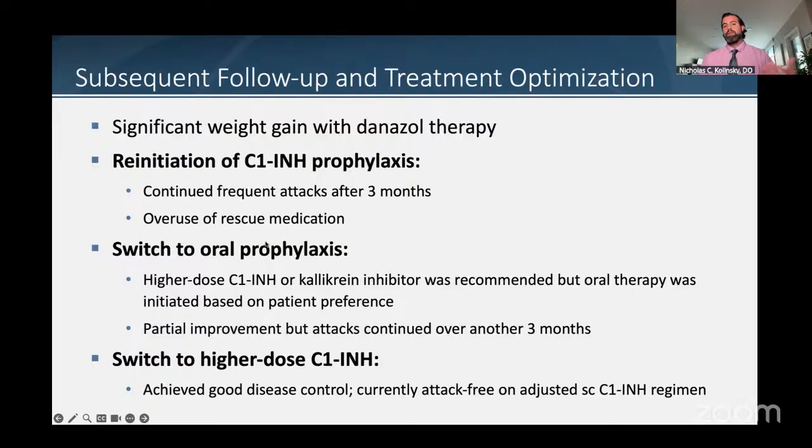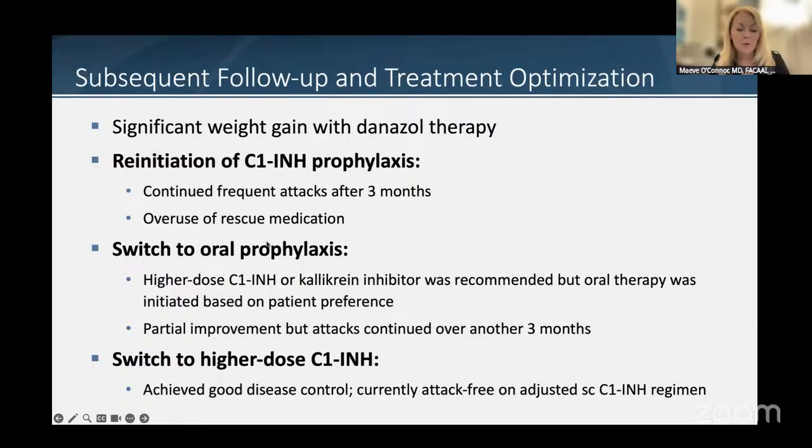But the patient was also aware of an oral prophylactic medication as well, and that's what she had chosen at that time. She did get better on the oral prophylactic medication, but again, those attacks continued to occur over the next 3 months. And ultimately, she ended up going back on the very first medication that controlled her, which was that higher dose C1 inhibitor. So a complicated path for this patient, which is not atypical, right?